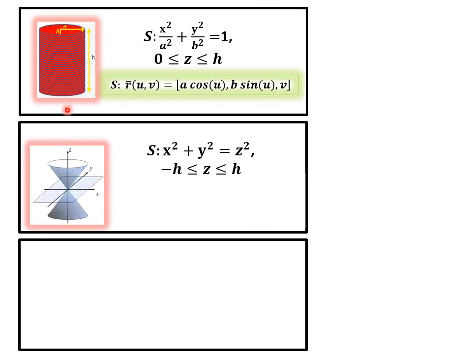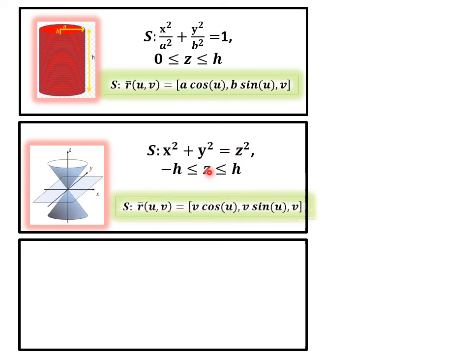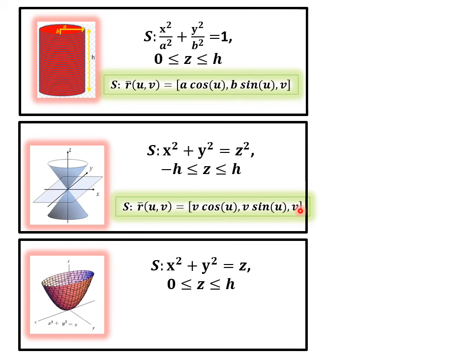The second surface we had seen is the cone, for which the radius and height are equal. So in cylindrical coordinate transformation, the radial distance r is taken as the height variable v. The third surface is the paraboloid, for which the radius is nothing but the square root of height.